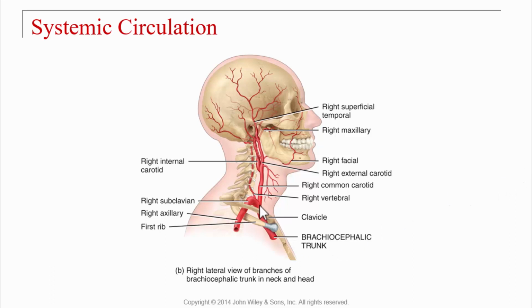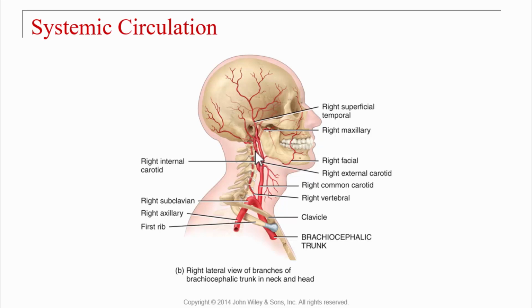Going up to the head, we have the common carotid. It's called common because, again, it's going to have branches coming off of it. If it's more superficial, if we follow it and it's just staying on the surface, that is going to be the external carotid. The branch that goes more internally is going to be the internal carotid.